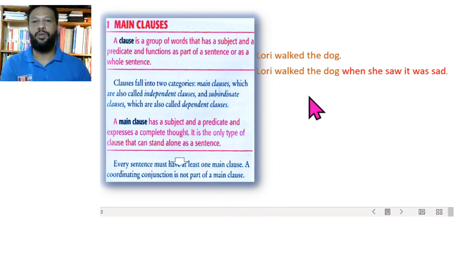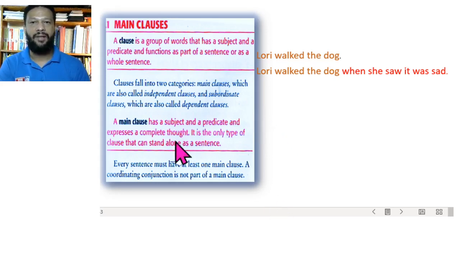But there are still two different types of clauses that I want to illustrate with this example. If you read the definition as we have it in the book, a clause is a group of words that has a subject and a predicate and functions as part of a sentence or as a whole sentence. We have already covered this through the examples. Also, clauses fall into two categories: main clauses, which are also called independent clauses, and subordinate clauses, which are also called dependent clauses.